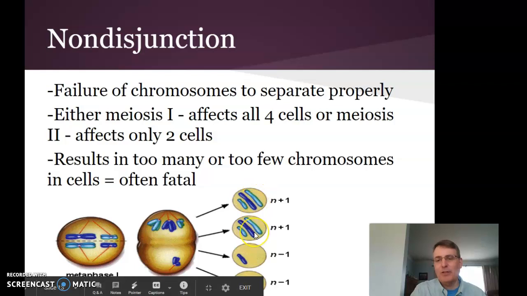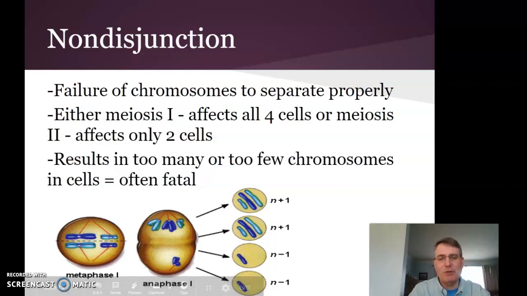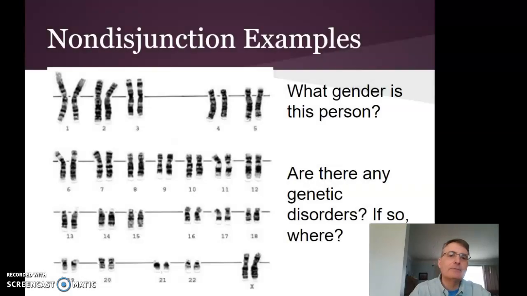We end up with 2 cells that have a +1 because there's 3 here and there's only supposed to be 2, and this one is missing 1, so it's -1. So there are going to be missing or extra chromosomes, which is generally a bad thing, at least in animals.